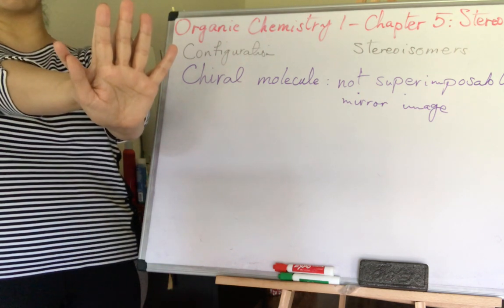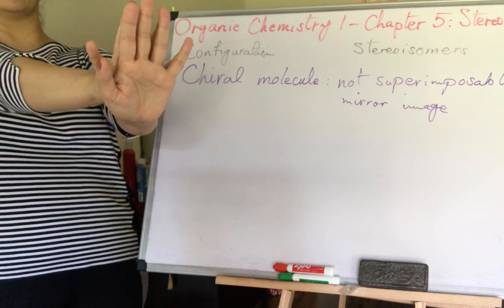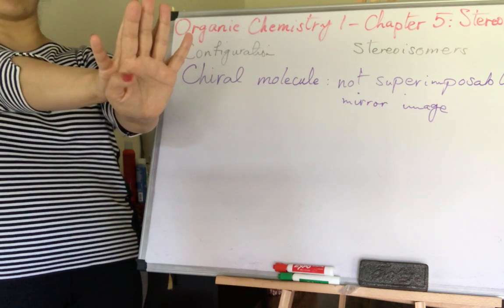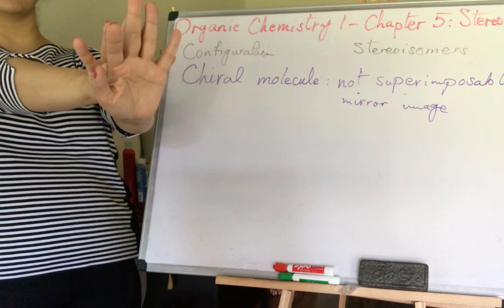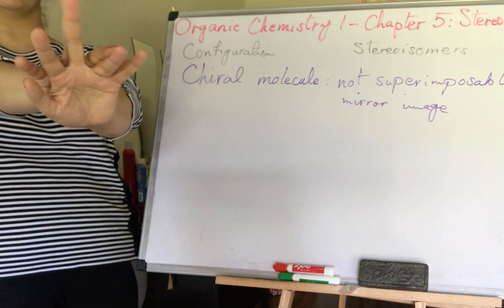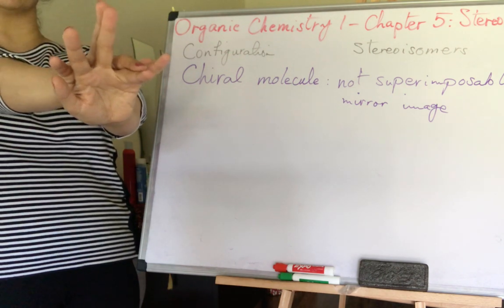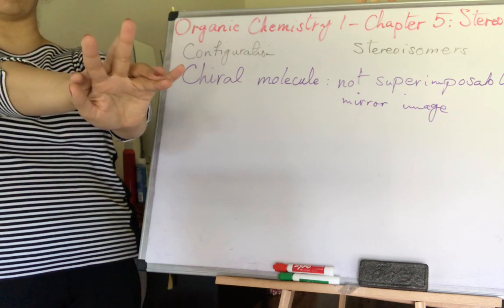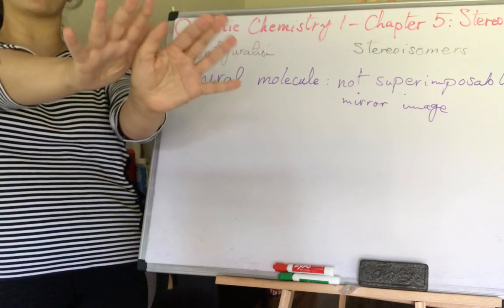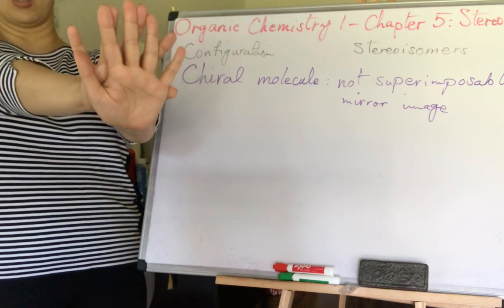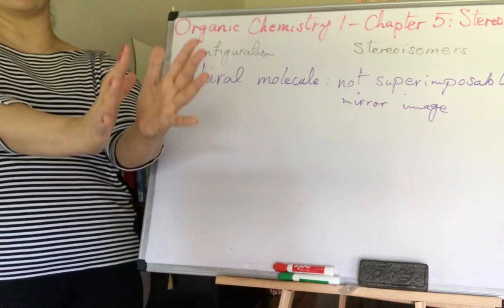Are my hands superimposable? My pinky goes on my thumb, my ring finger on the index, and same here. The only two fingers that are superimposed are the middle fingers. So my hands are mirror images, but they are not superimposable on each other. That's what we call handedness.